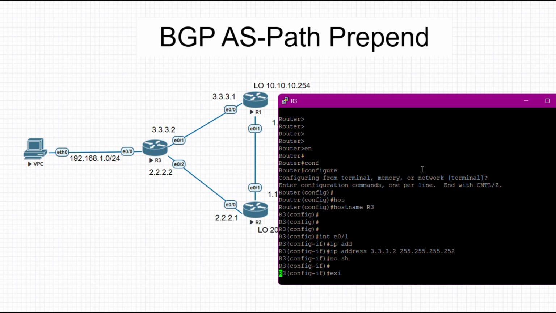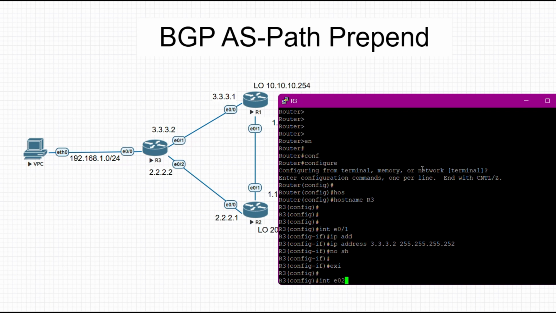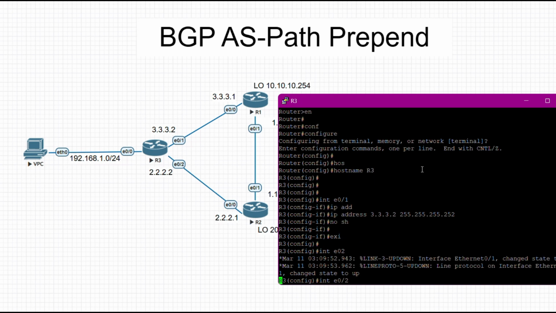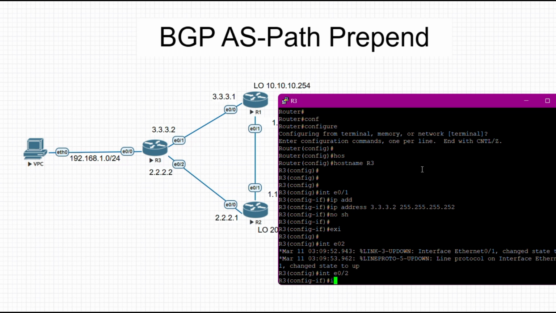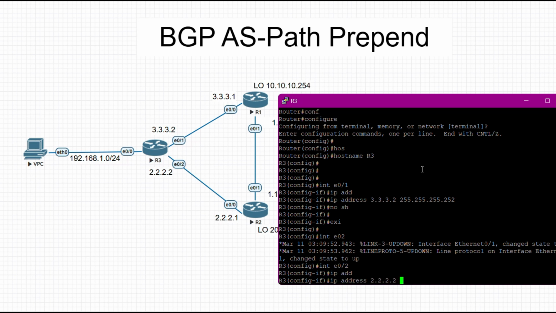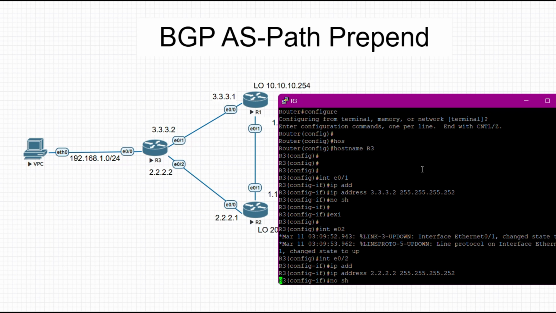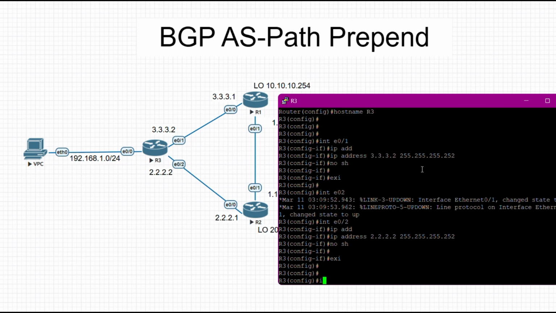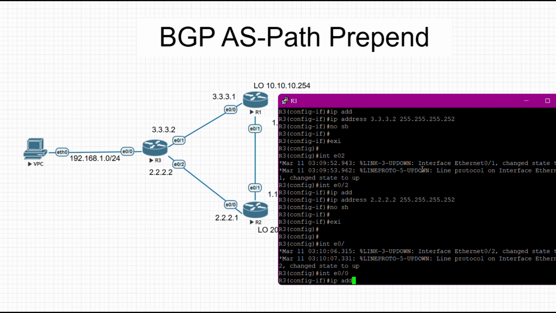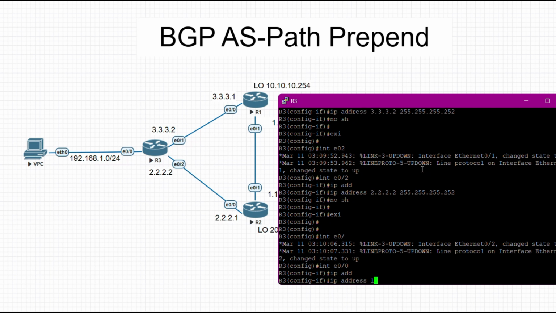For interface 0/2, type in 2.2.2.2/32 facing R2. For the LAN connectivity facing our VPC, we just configure Ethernet 0/0, that would be 1.1.1.254.